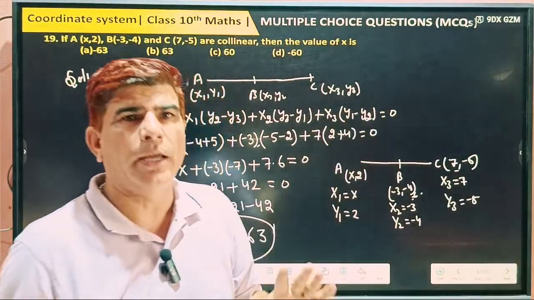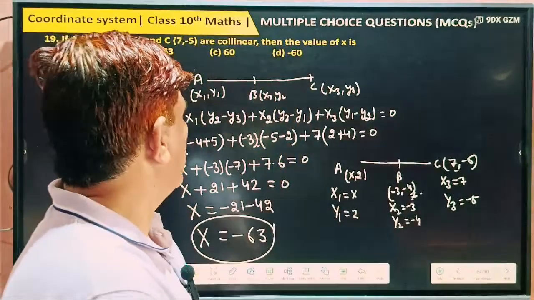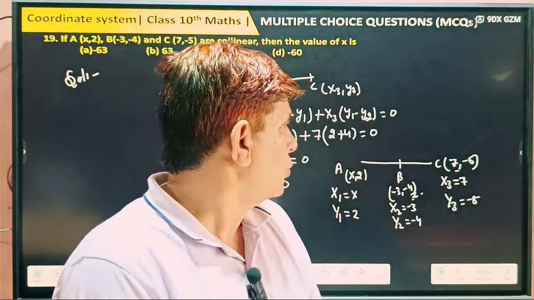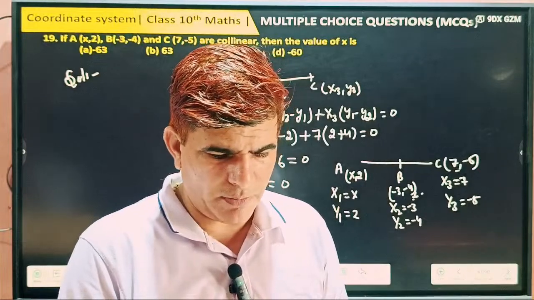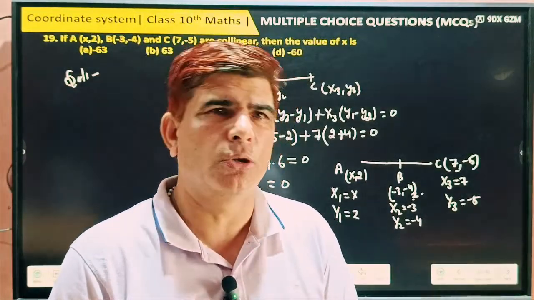Collinear means lying on the same line. Understood? I can tell you this question by another formula tomorrow. So you can revise these. If you can solve these, then you will easily be able to solve the remaining questions also. So it's my request, you solve these.